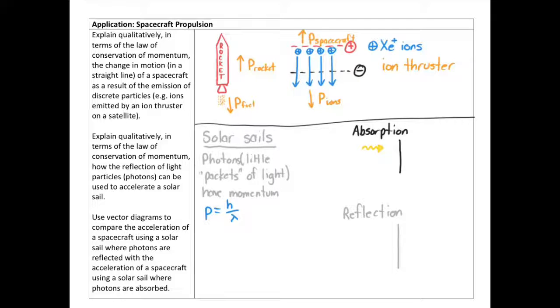So initially this photon will have a momentum. If it is absorbed, basically it comes to a stop when it hits the solar sail. So the change in momentum equals the final momentum, which is 0.